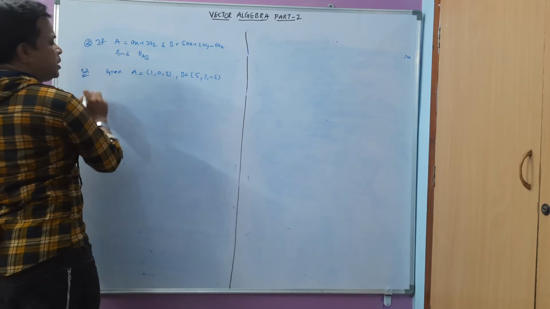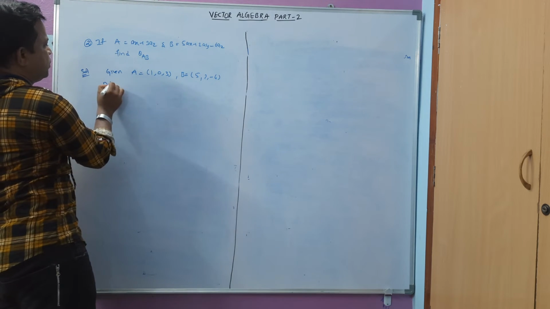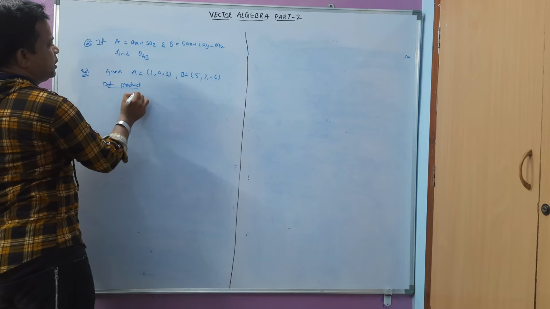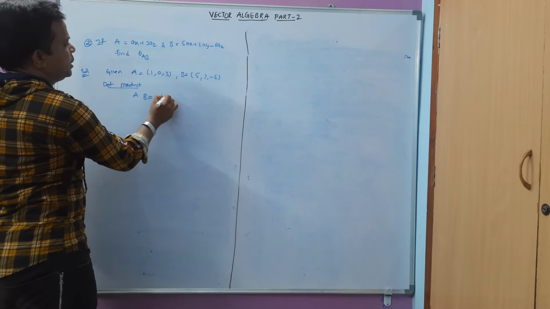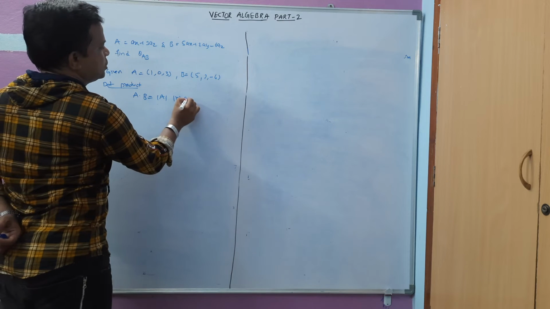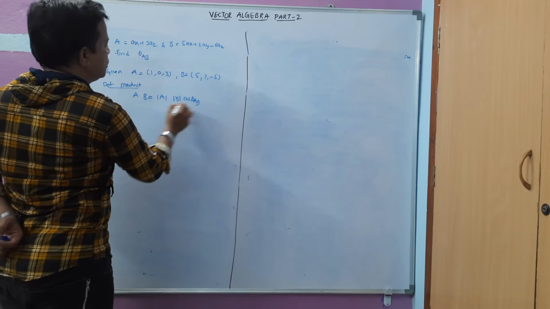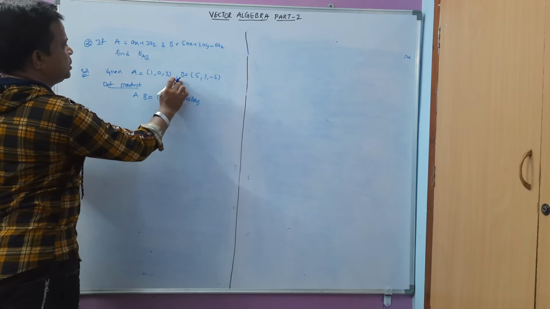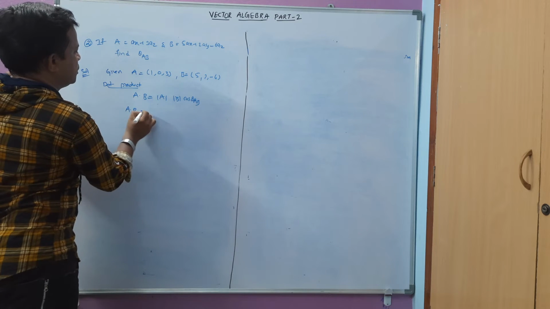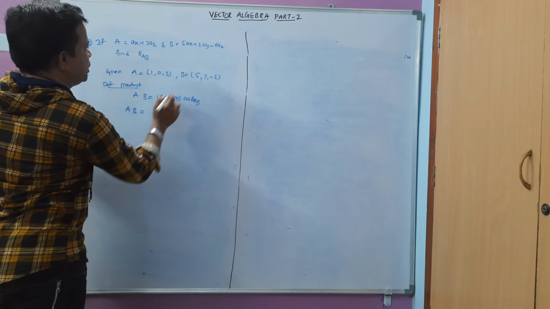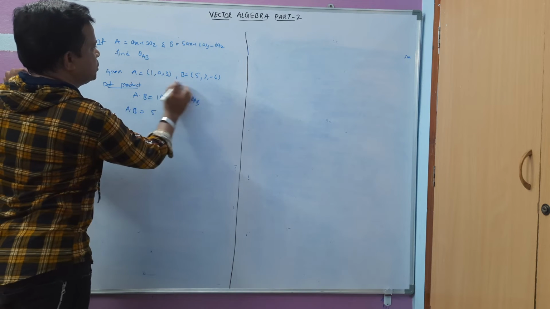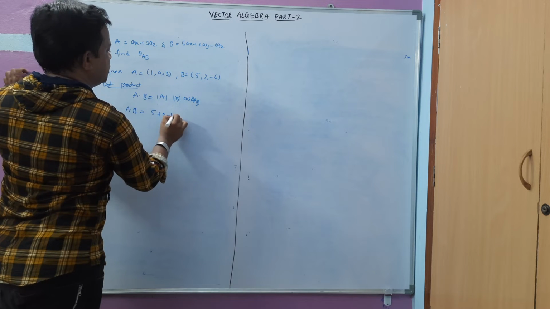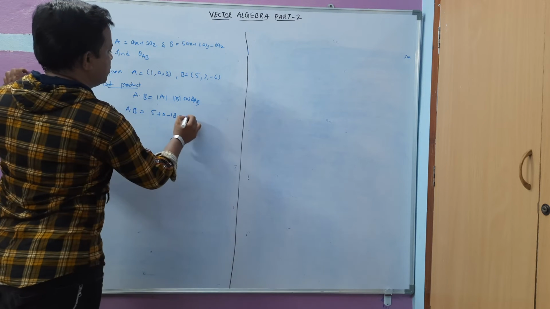By using the dot product here, we'll perform the dot product. A dot B is equal to mod A mod B cos theta of AB. First we will take the dot product: A dot B is equal to 1 into 5, 0 into 2 is 0, plus 3 into minus 6 is minus 18, which will give me minus 13.